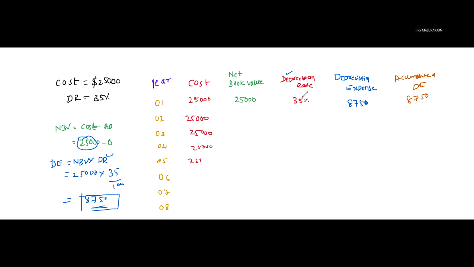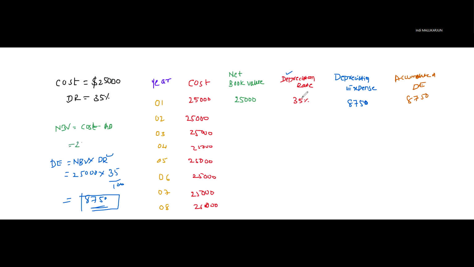It is 25,000, right? What happens to the net book value now? The net book value becomes cost minus accumulated depreciation, right? Cost was 25,000. Now accumulated depreciation increases here.